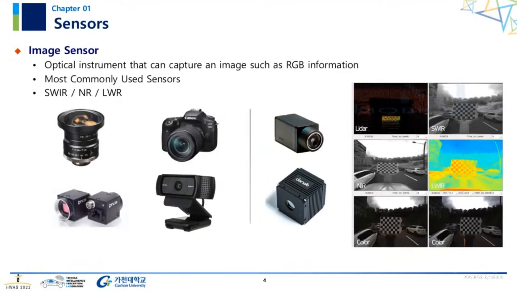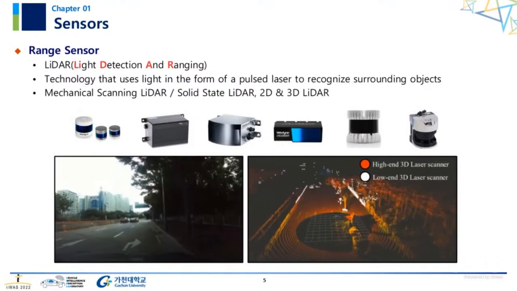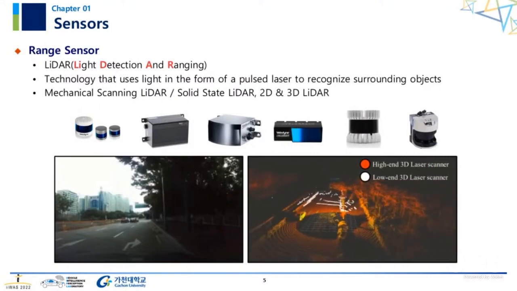However, the image sensor is vulnerable to changes in the brightness of light and has difficulty obtaining distance information. To compensate for this shortcoming, a range sensor is additionally used.